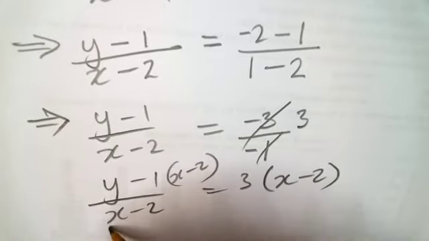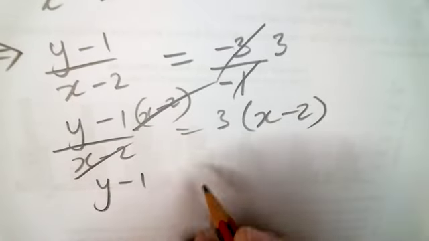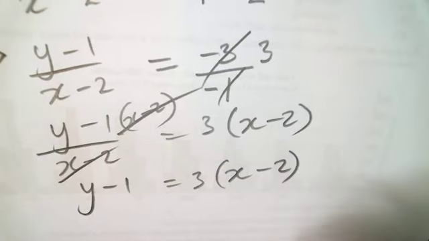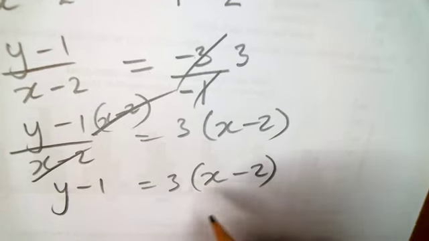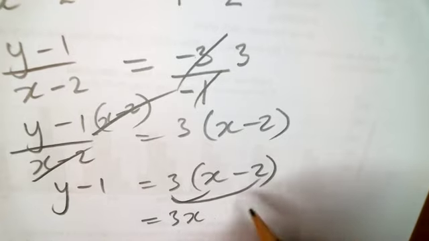So x minus 2 times (y minus 1) over (x minus 2) leaves me with y minus 1 is equal to 3 times (x minus 2). Let's expand this out: 3 times x is 3x, and 3 times -2 is -6.